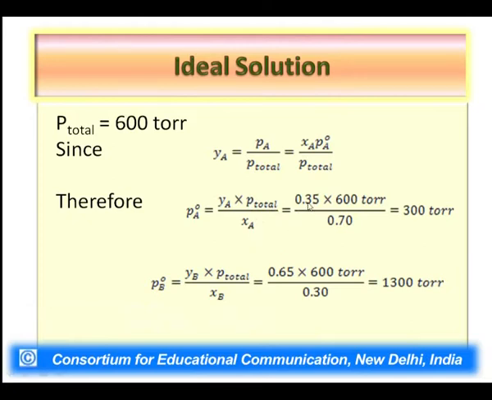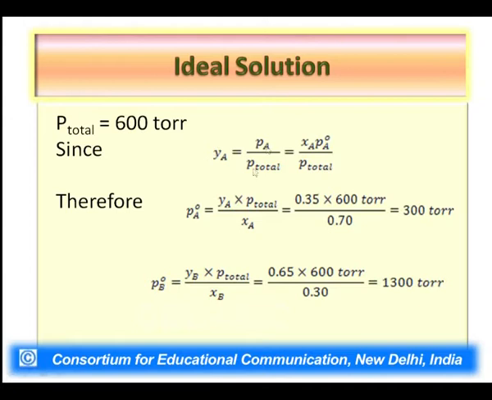We are given YA as 0.35, XA as 0.70, and multiplied with the total pressure of 600 torr, this amounts to 300 torr. So we have evaluated PA naught, the vapor pressure of pure component A, in this manner.